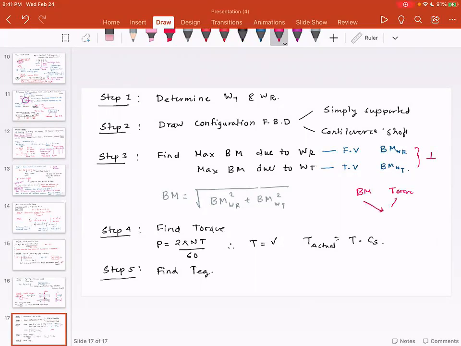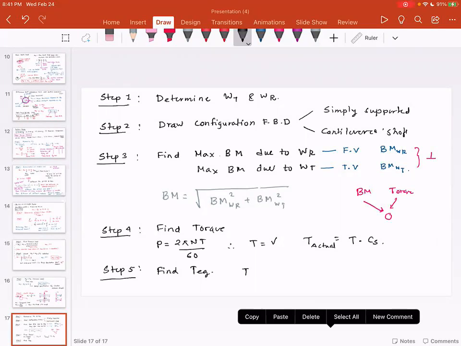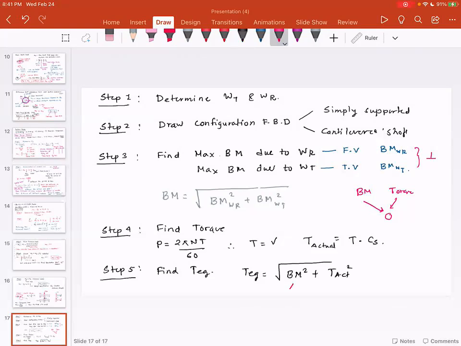Both of them are acting simultaneously on the shaft, and that is because you have a gear. We find the TEQ, and this TEQ is nothing but the square root of bending moment squared plus T actual squared. The bending moment we got from step 3, and T actual we got from step 4.